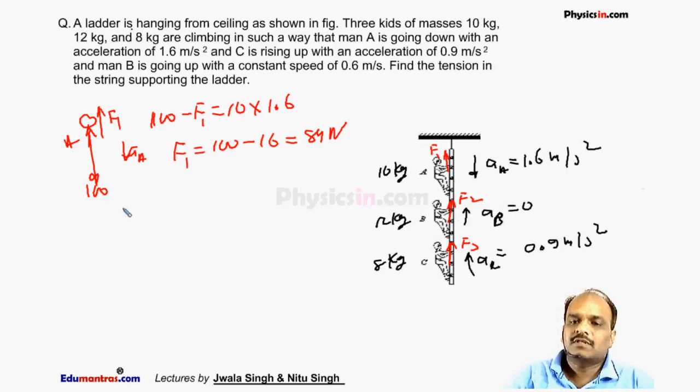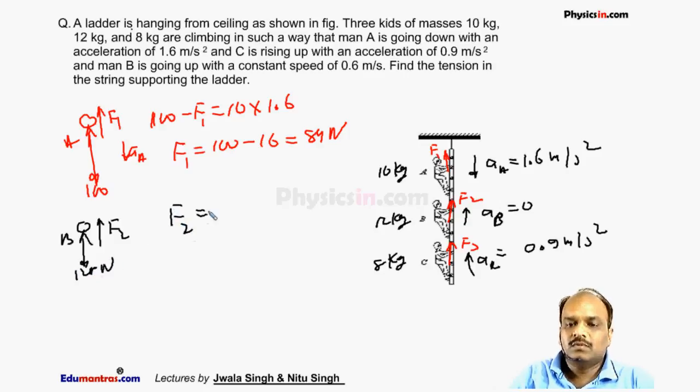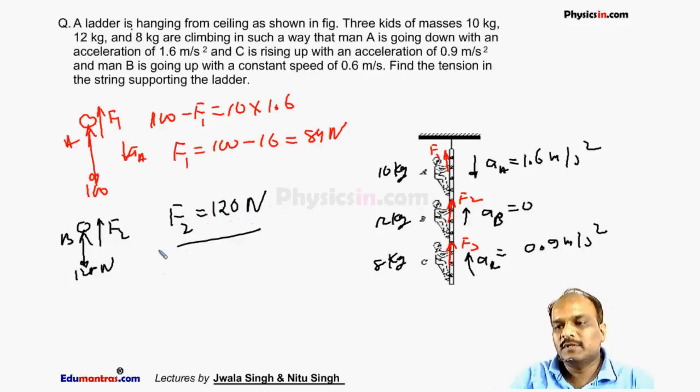In the same way, this kid B is always going with a constant speed. So the force F2 is equal to its weight, 120 Newton. This is the force exerted by kid B. And in the same way, this kid C is going upward with an acceleration of 0.9.